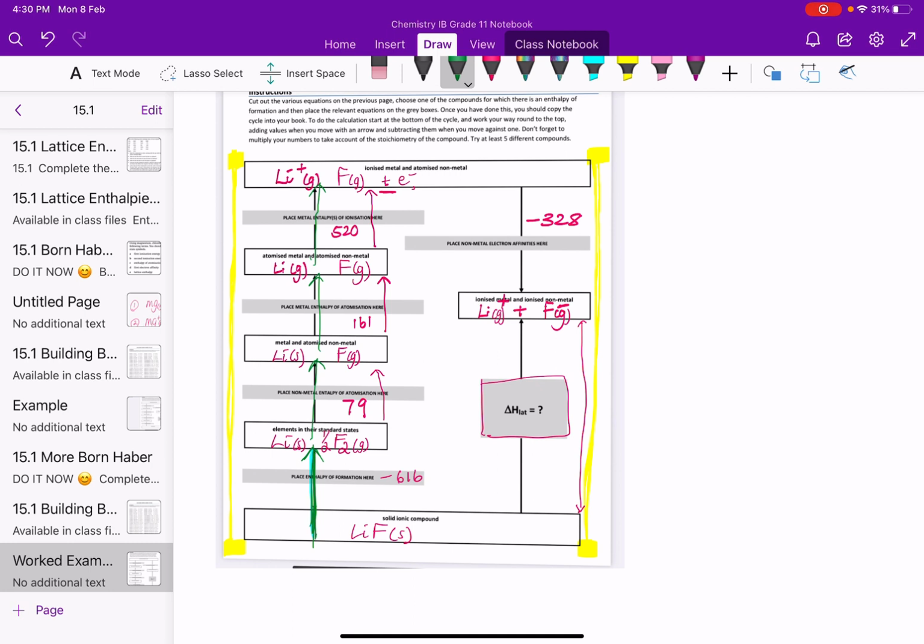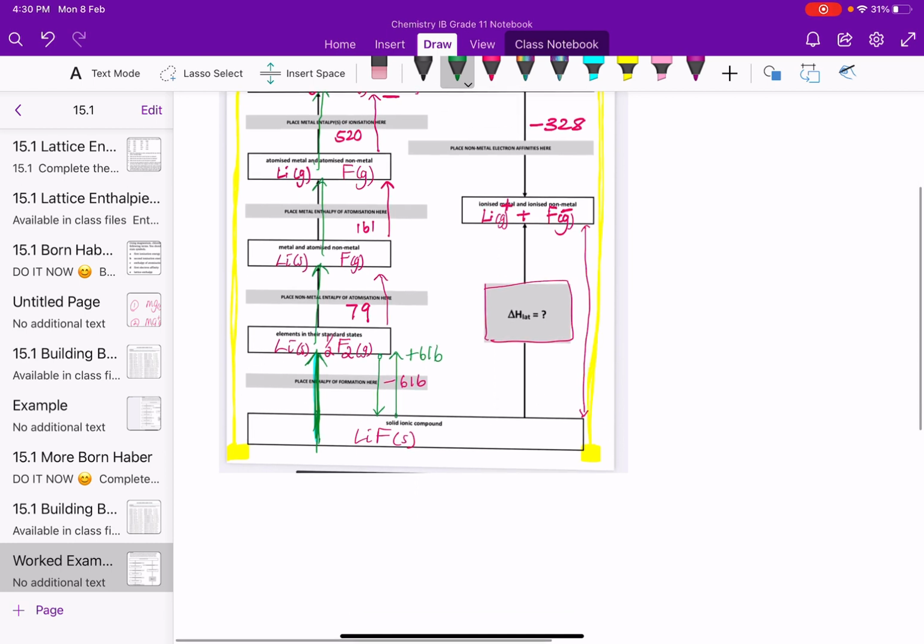If I'm going up, I have to flip my sign. -616 is the energy change from here to here. The energy change from here to here is going to be +616. So on the left-hand side, I have +616, I have +79, I have +161, I have +520.